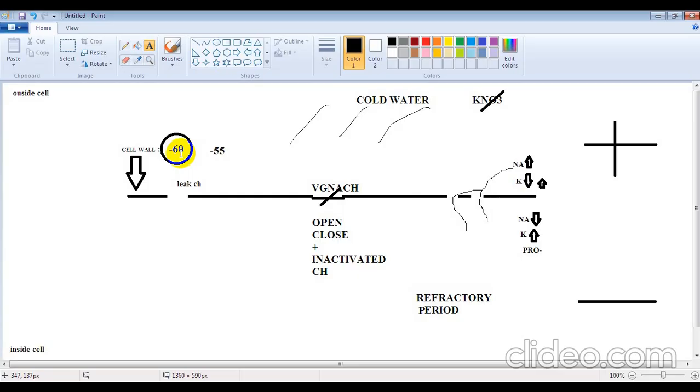When the potential is minus 60, the channel interprets this as if it has already been activated before. Now the channel is in the refractory period. It cannot open until the potential goes to minus 70.